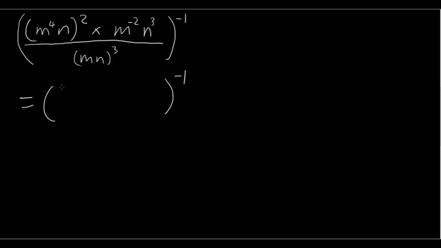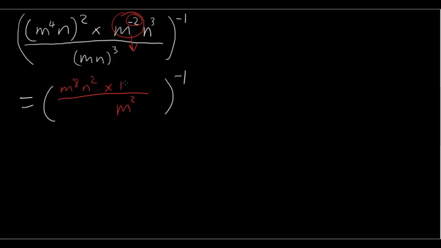Okay, so we have m to the power of 4 times 2, which is 8. N to the power of 2 times, now when you have negative 2, what happens is you can just move this whole term down the bottom and get rid of the negative sign. So you can pretty much just write this number down the bottom and just write the 2 there.